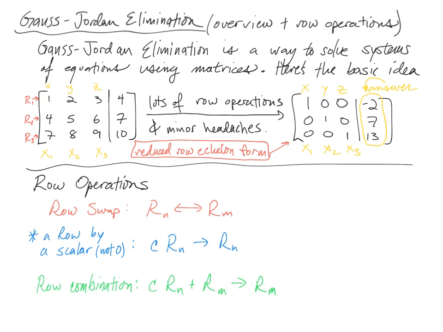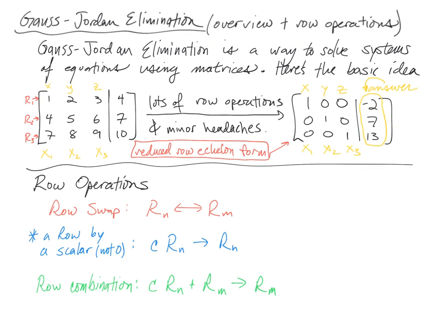So what happens with this augmented matrix is that through a lot of row operations and minor headaches, we will get a matrix that looks like this. This is what we call a reduced row echelon form matrix.